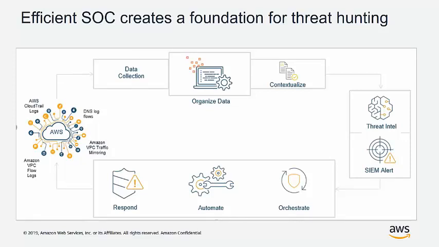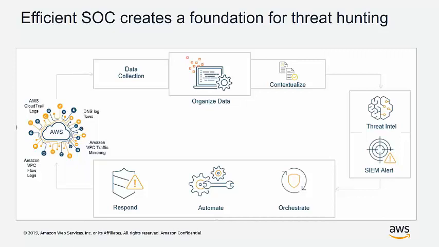Before we step into that, however, we need to remember that in order to embark on threat hunting, you really must start thinking about and creating a solid foundation through an efficient security operations center. As we start thinking about that, this data that Sean was talking about, CloudTrail, DNS, CloudWatch, all this data has to be collected, organized, and contextualized before it can actually be analyzed.